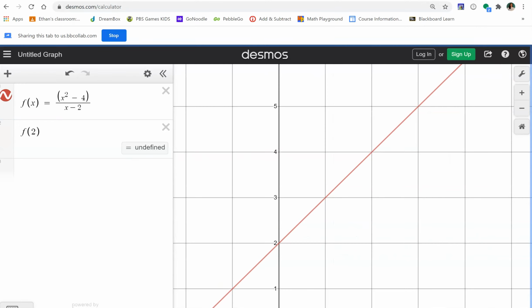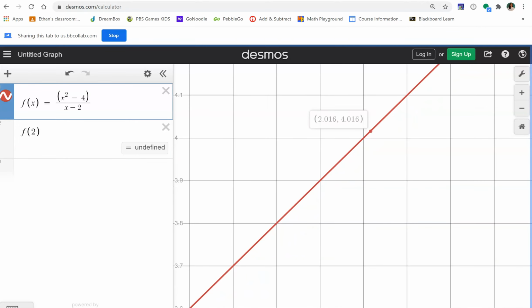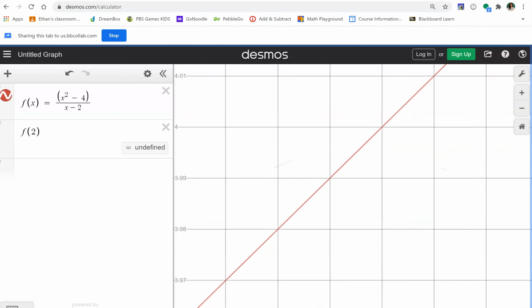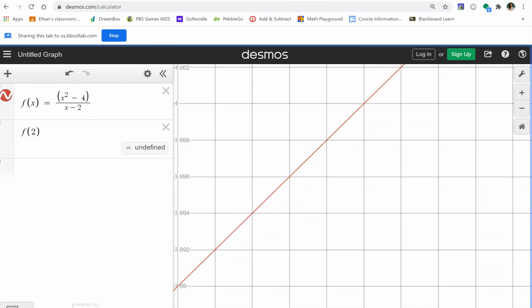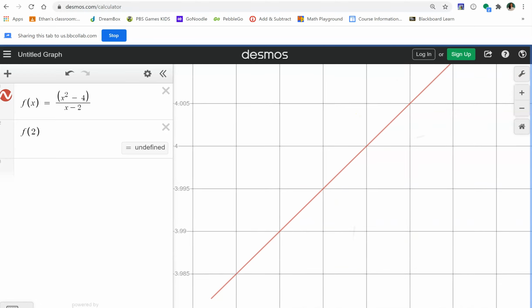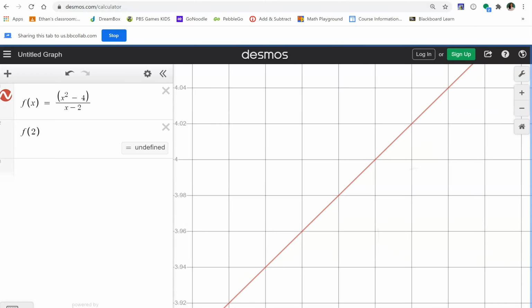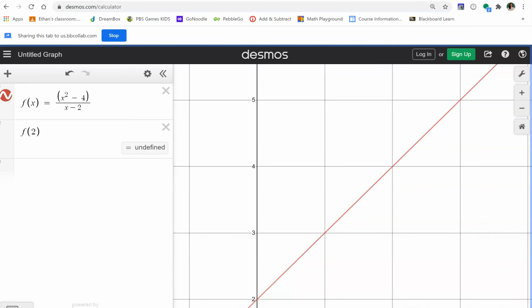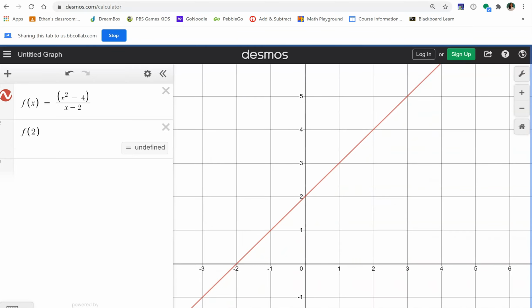It doesn't matter how much I zoom in there. You can look down here on the x-axis and see how zoomed in I am to 2. I still don't see that hole. It'll never show up. So your algebra knowledge has to be what reminds you there's a hole there, because the function is actually undefined at that point.